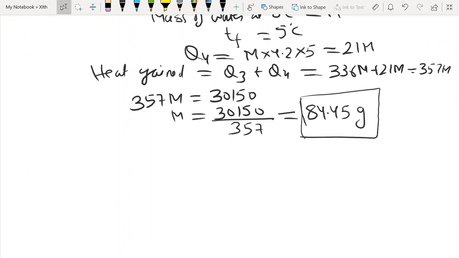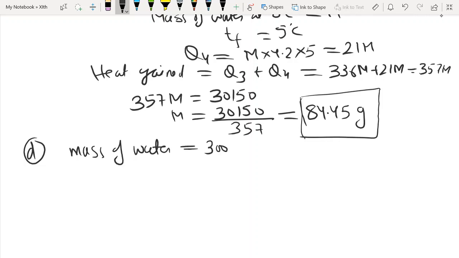Mass of water is 300 grams, temperature is given as 40 degrees Celsius, and the question says that it will become 0 degree.